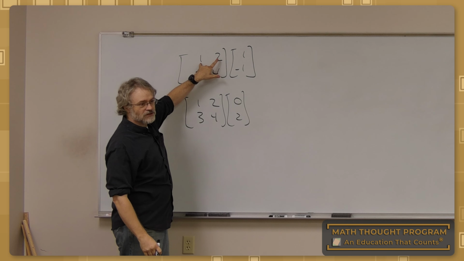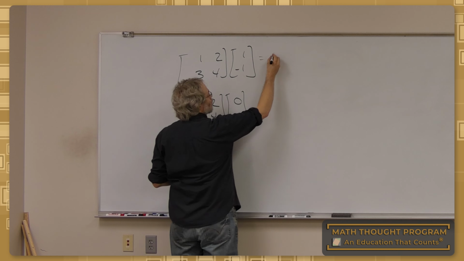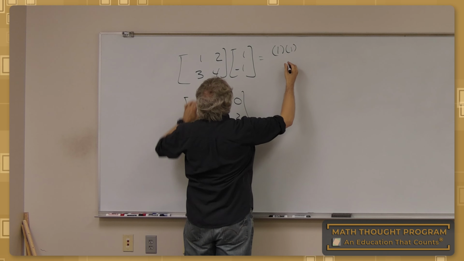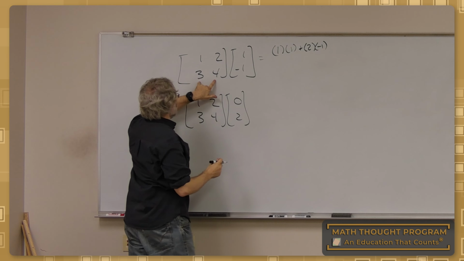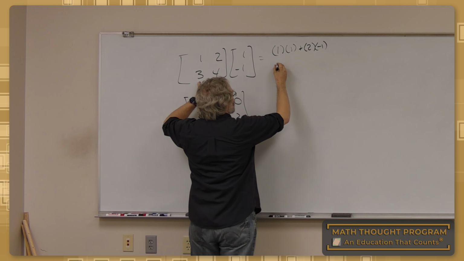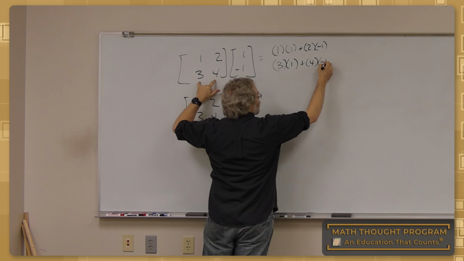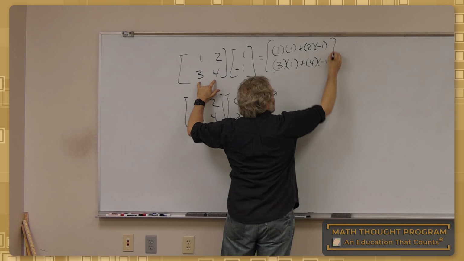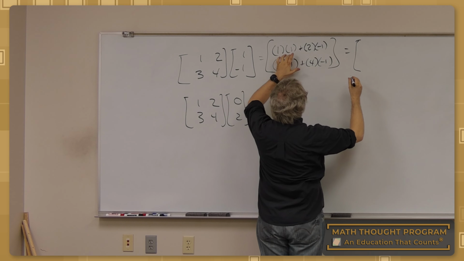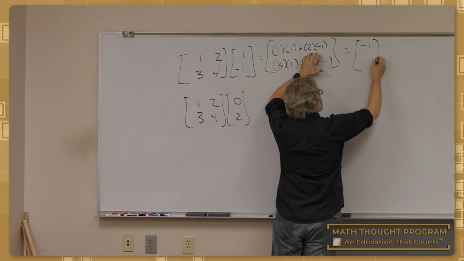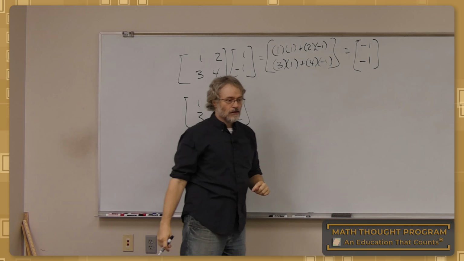Again, take this entry, multiply it by that entry, and then 2 times minus 1. Do the same thing down here. And then clean up the results. So we have 1, minus 2, minus 1, 3, minus 4, minus 1.